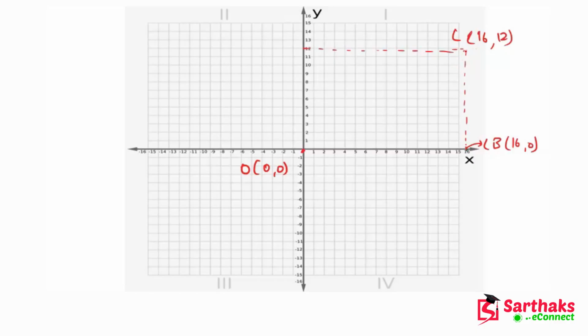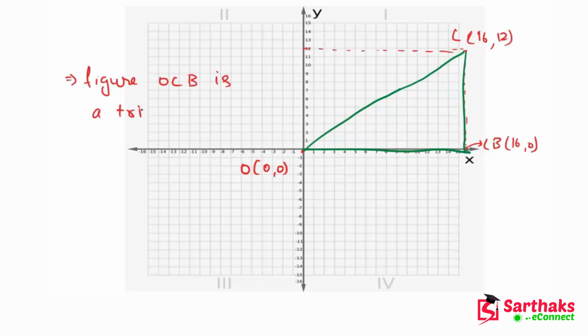Now we have to join these points. First we join O to B, then O to C, and then C to B. Now we have O, C and B, so we can say that figure OCB is a triangle.